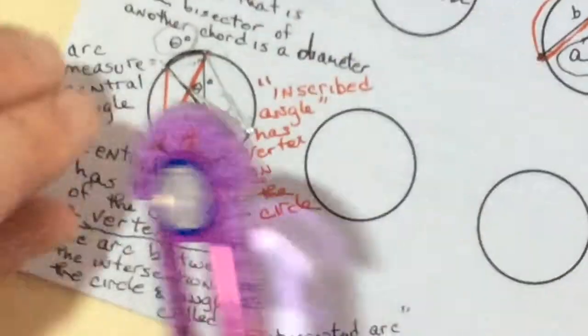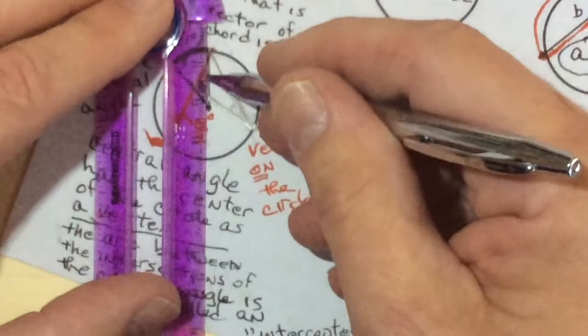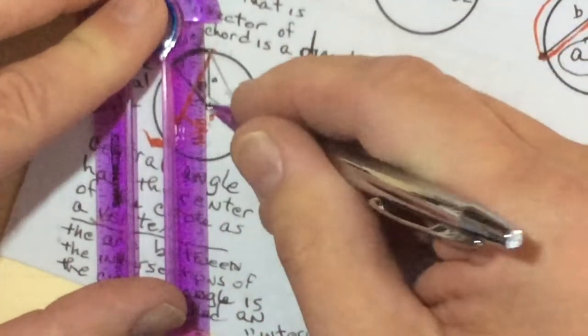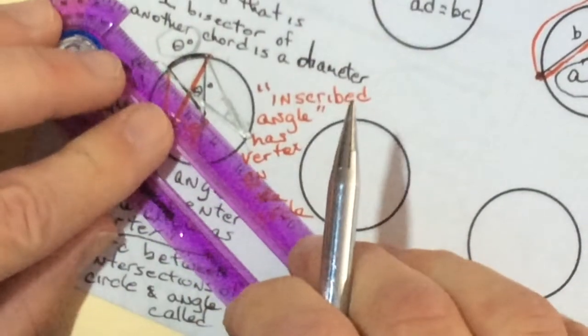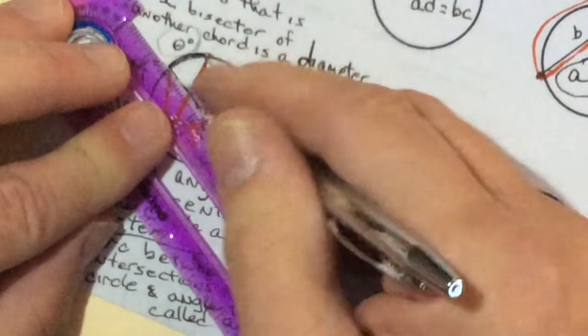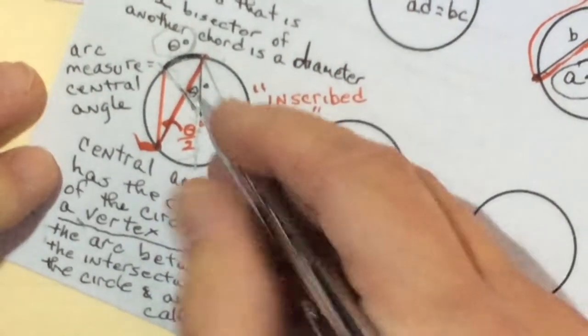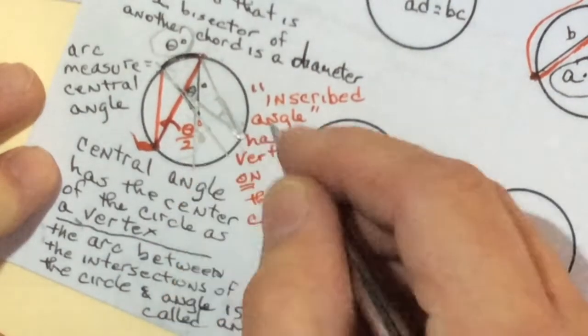Now, if you think about it, if I were to extend this out, and you don't have to draw this either, just notice it. If I extended this out, the central angle, and made it into chords instead of just an angle, look at what would happen. This and this would be vertical angles, right? So they would be equal.